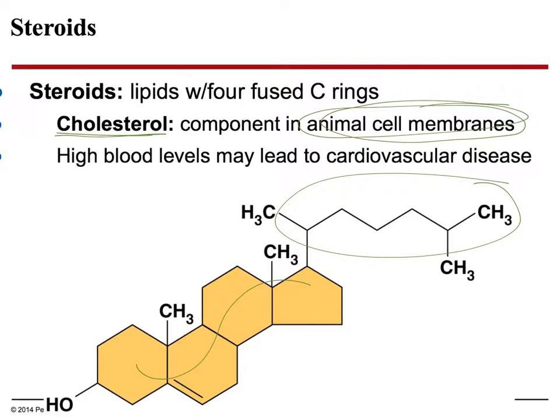And we'll talk more about this in chapter 7 actually. But cholesterol would be a type of steroid, which is a type of lipid, and its configuration or its form is where it has one fatty acid tail with these 4 fused carbon rings.